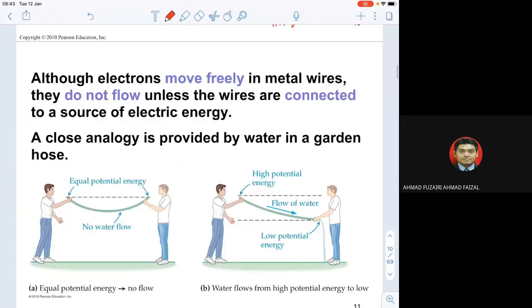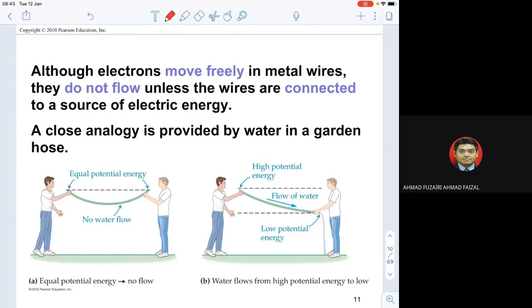Right? So although electrons move freely in metal wires, they do not flow unless the wires are connected to a source of electrical energy. A close analogy is provided by water in a garden. If you look at the figure on the left, you can see equal potential energy, so it cannot flow because the potential energy is equal from point to point.